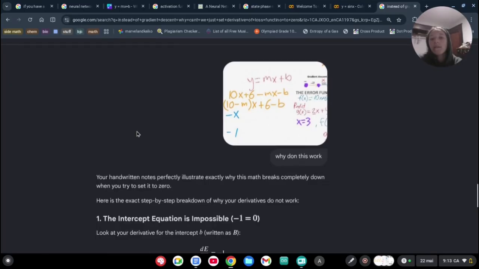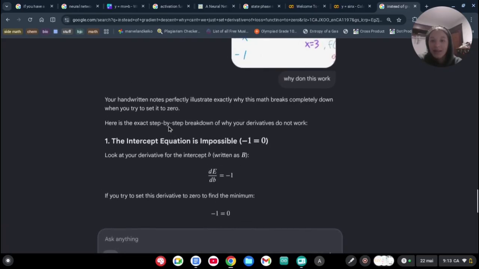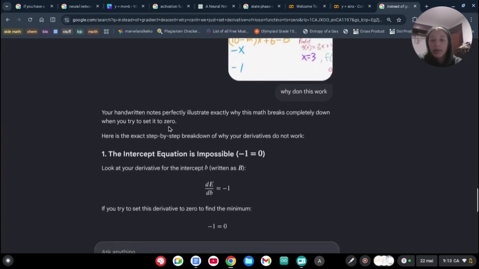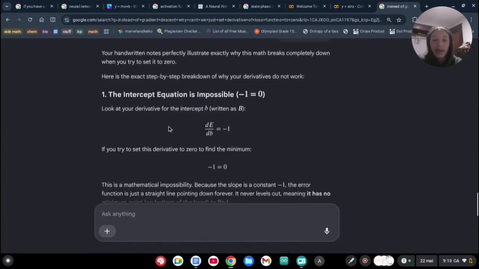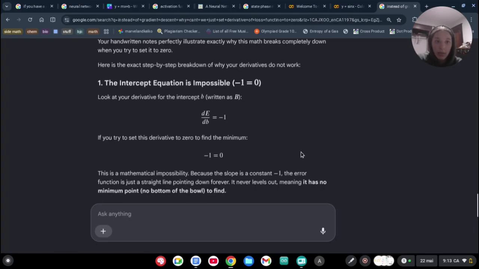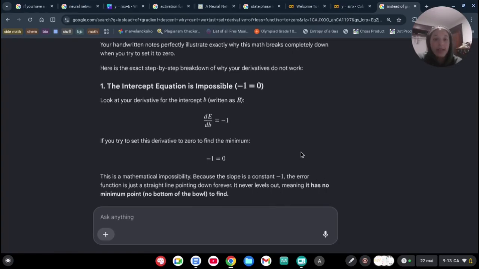Okay. Look at your derivative for the intercept b: it is -1. Yeah, if you try and set this to 0, it's impossible. -1 is not equal to 0, because I'm trying to set the derivative to 0 to find the minimum, to find an equation of b that minimizes the error.